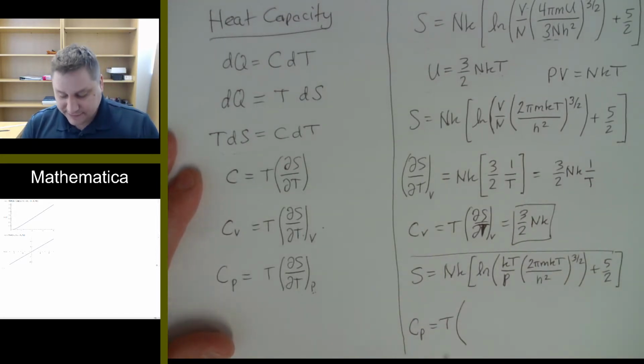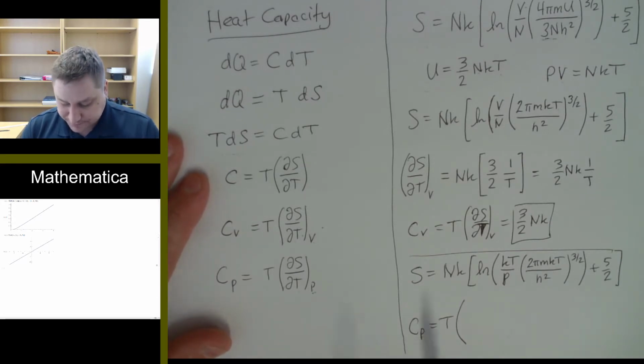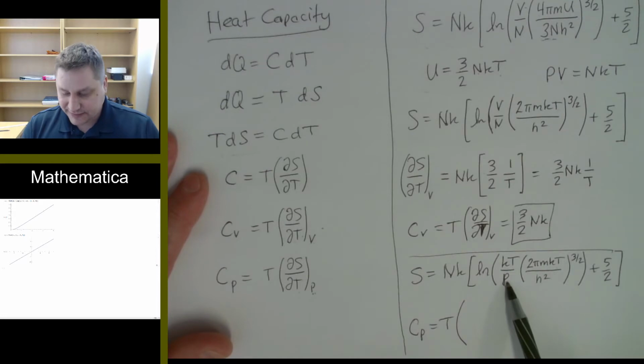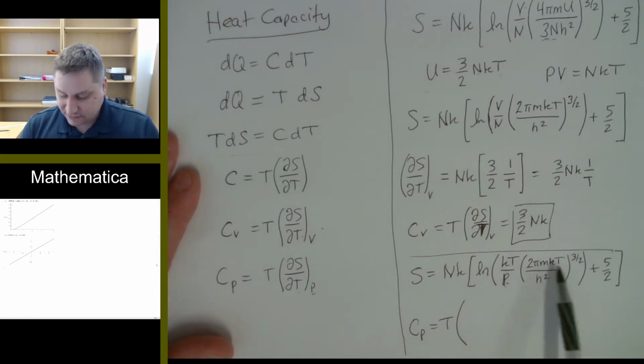All right, so finally let's do this heat capacity at constant pressure all in one go. I've got the entropy expressed in terms of pressure and temperature. But notice what that did is it put the pressure in the denominator. That's going to be held constant, so it's not really important, but it's there now. And it gave me another factor of temperature inside of the logarithm.